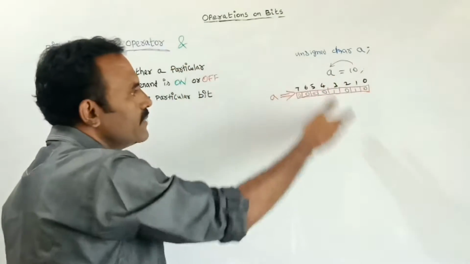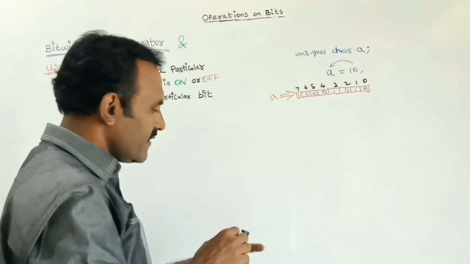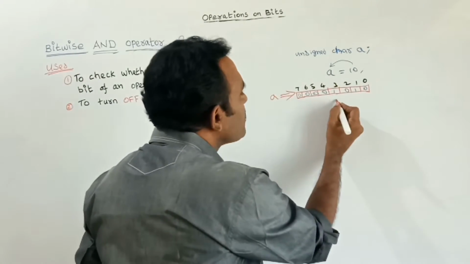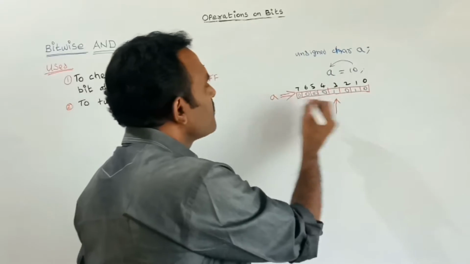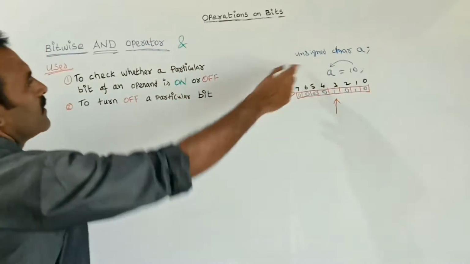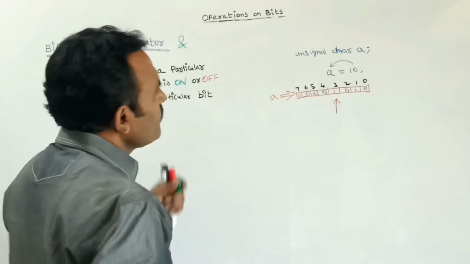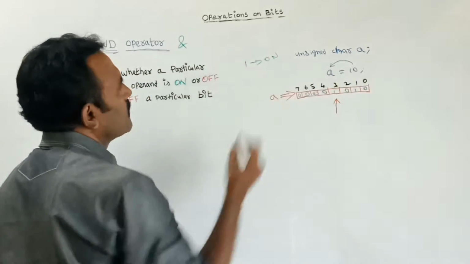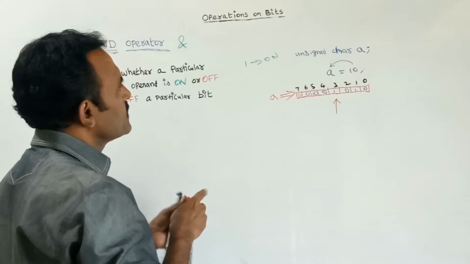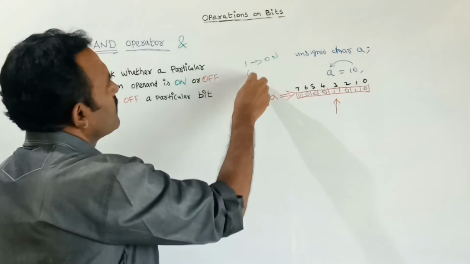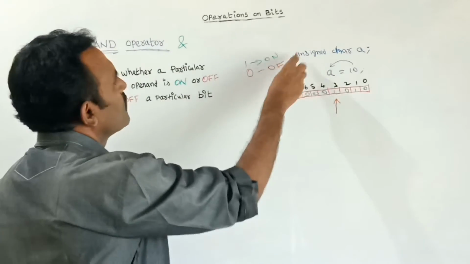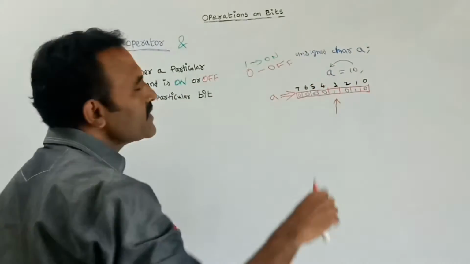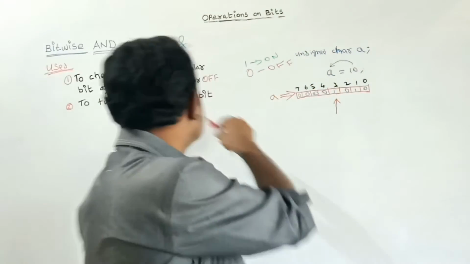Among the 8 bits, suppose I want to check whether the binary value at the third position of this operand A is on or off. If the binary value is 1, then it is on. If the binary value is 0, then it is off. To find whether the given position value is on or off, we can use this AND operator.